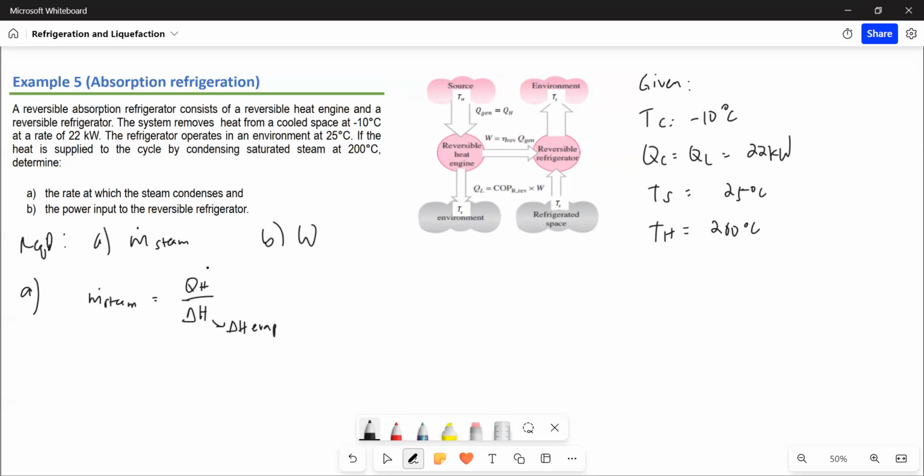So how can we solve for QH? We're given all the temperatures. We're given QC.